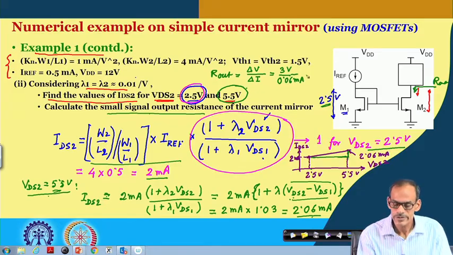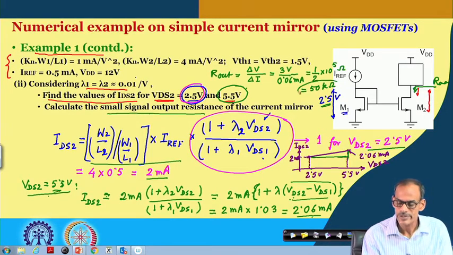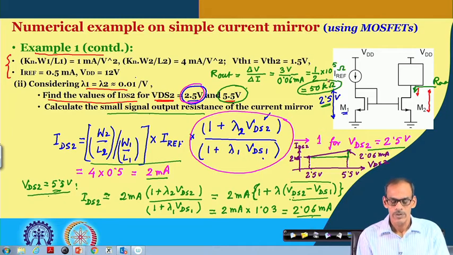And so, this is giving us 1 by 2 into 10 to the power 5 ohms, or we can say this is 0.5 and then in fact 50 kilo ohms.